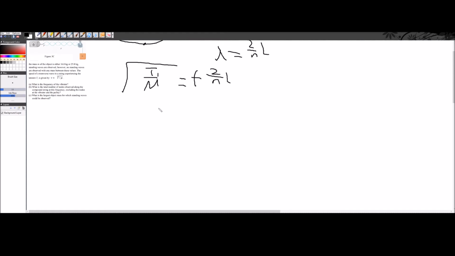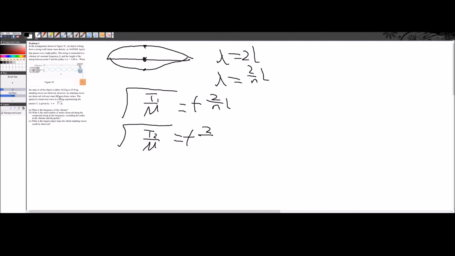For the second one, the square root of T2 over mu equals the frequency times 2L over something else. We see there's no mass between these values, so these two modes follow each other. If this has n, this one will have n plus 1, so it will be 2L over n plus 1.